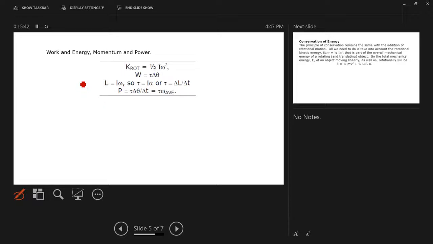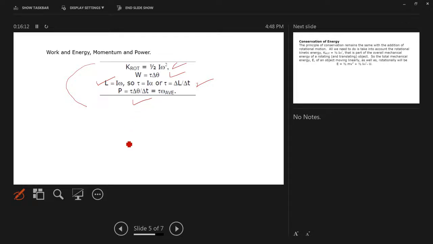So here's kind of a compilation of the formulas that deal with rotational dynamics that are in Chapter 8, showing you calculation of the kinetic energy of rotation, work, the angular momentum, and the relationship between force and acceleration. Also how angular momentum is related to torque, and the power equations.